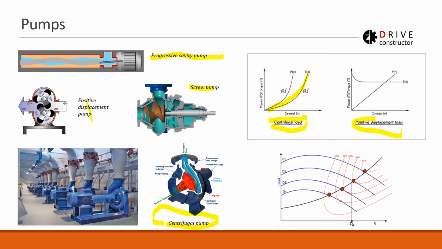And you see that in the first case, for centrifugal, the load curve is quadratic, while for the positive displacement pump type, it is constant torque, like it would be for a conveyor, for example. So usually we think that a pump has a quadratic load curve, but remember, it is not always like that. Sometimes pumps behave like something else, not like a pump. Also, the efficiency of the pump, hydraulic efficiency, I mean, varies with the load of the pump, the flow of the pump, and the head of the pump.